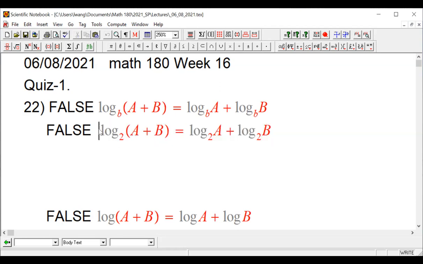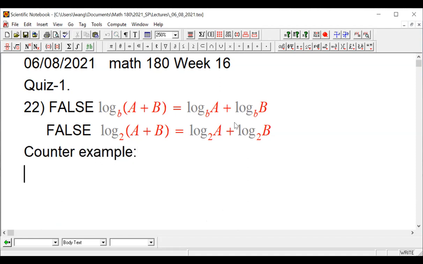The base 2 cases are the easiest situations to find counterexamples. So let's do a counterexample. I can choose capital A equals 2, capital B equals 2 squared. Why do I choose those?